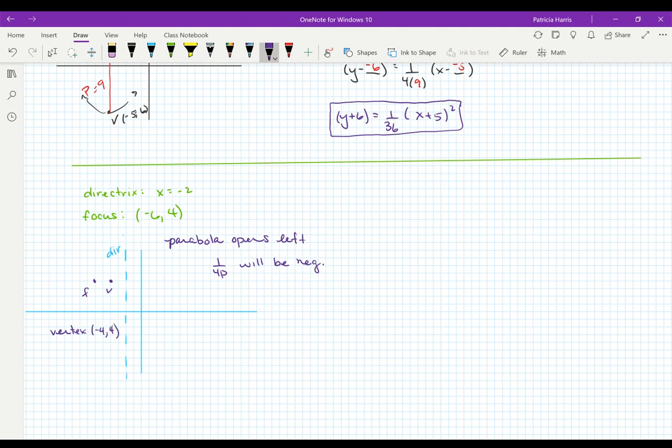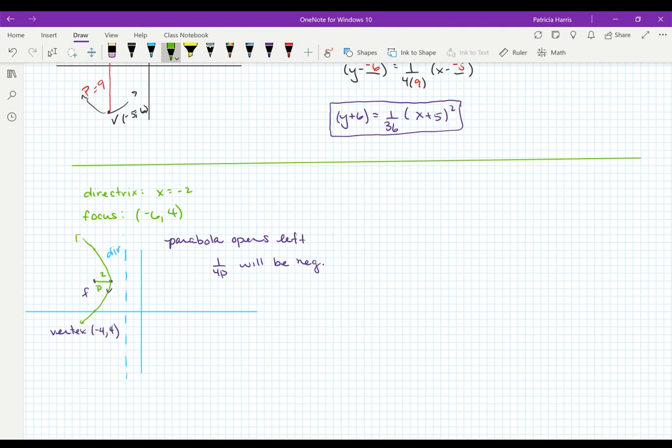Now remember that p is the value between the vertex and the focus, so p is 2. If you want to graph the parabola, it would look like this.